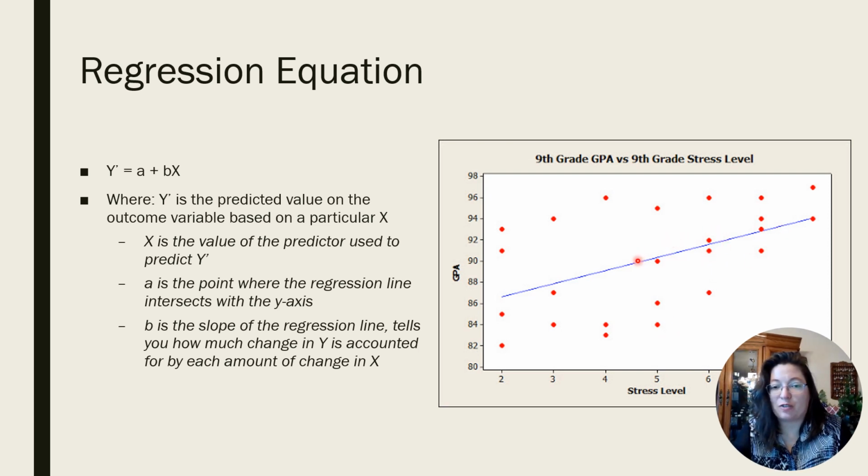So our estimates for the students closer to the line are going to be more accurate than our estimates for the students who are much further from the line. And the most important thing that a regression equation can do is tell us how much change in one variable is accounted for by change in the other variable.